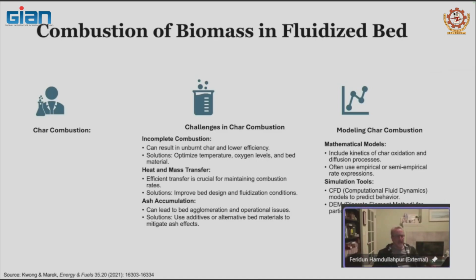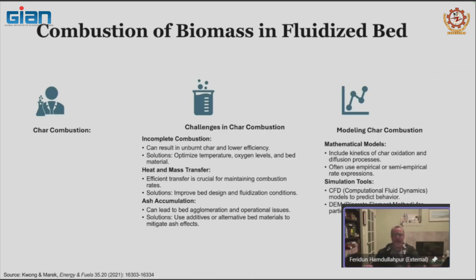I want to talk, within our limited time, about the application of fluidized beds for the combustion of solid fuels, which are predominantly coal or biomass.